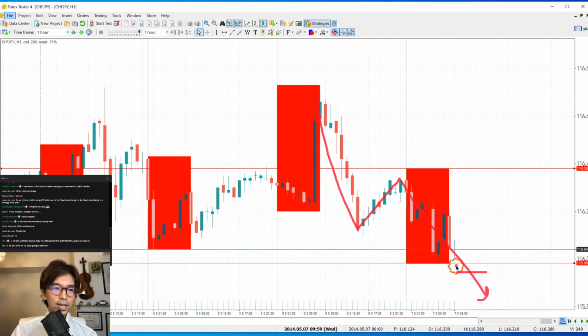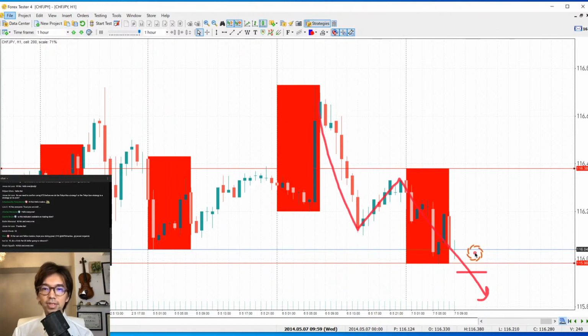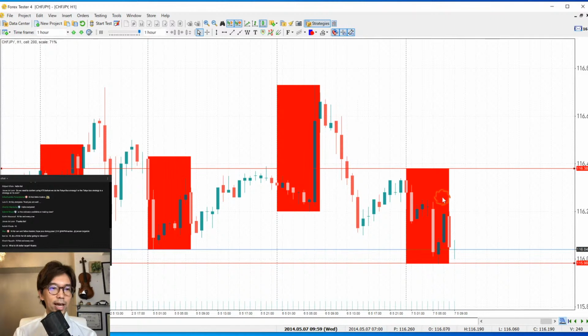You can of course identify the Tenkan Kijun cross or Kumo breakout might be happening after the Asian session, Tokyo Box breakout. So the combination is actually important, and I think this is the art of the trading skills. But this time I just wanted to show you the Tokyo Box strategy by itself, so that you can have a good understanding of how you use it and apply it.